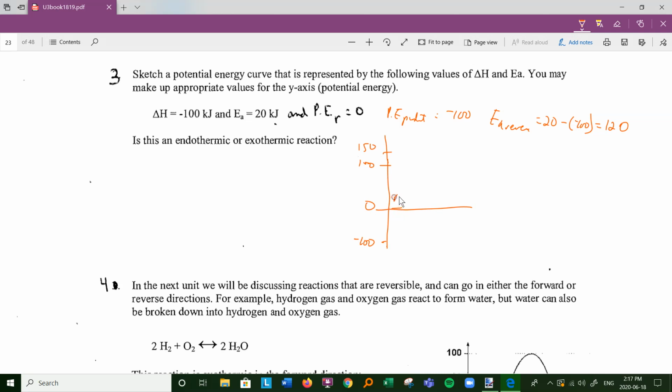So here's my reactants at 0, my products are at negative 100, my forward activation energy is 20, and my reverse activation energy is 120. So I really only needed to go up to 20. I didn't need to go up that high, did I? Could have just stopped here. That was a big waste of space. I could have stopped at 50 because it really just goes up to 20. Okay, sometimes it's good to do those in pencil first and then take it from there.